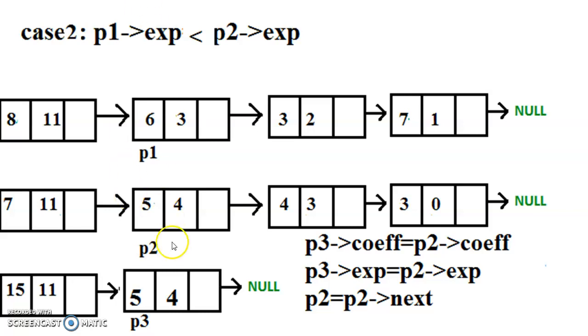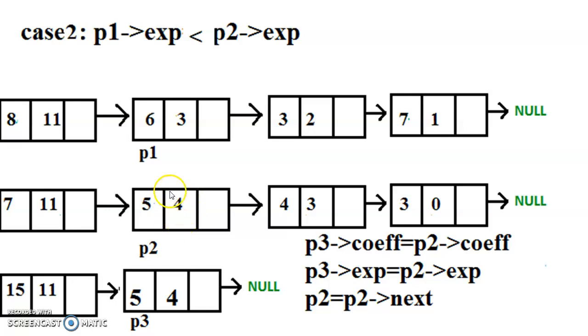So whenever this type of case comes, we consider this as 5x^4 because the x^4 term is not present in the first polynomial. We consider that P1 exponent 3 is less than P2 exponent 4. So whichever exponent is highest, that term will be placed into the result. That's why P3 of coefficient is P2 of coefficient and P3 of exponent is P2 of exponent.